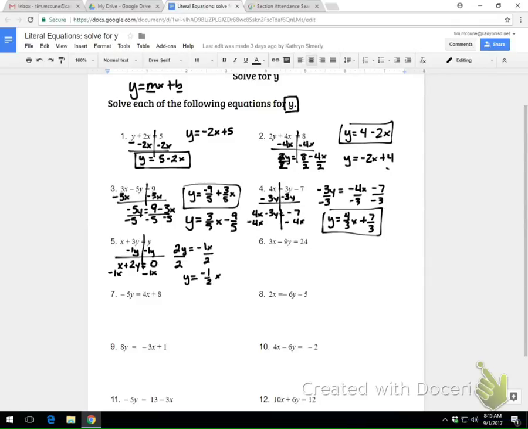You want it to look like this: y equals mx plus b. Anybody confused? Somewhat, a little bit, a lot of bit. Just take your time. It's not that hard. Some of these are pretty easy, like this one, 7. Everything's already over here except for that negative 5. Get it over there. Same thing on 9.